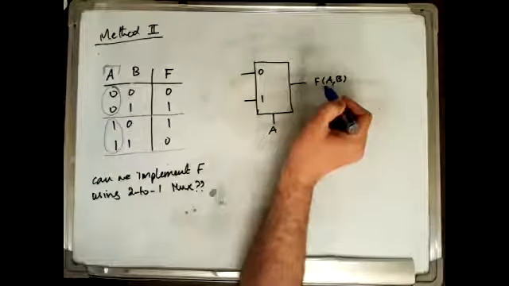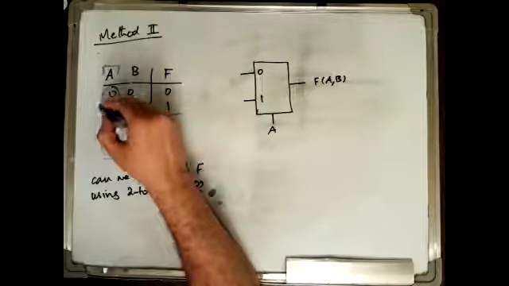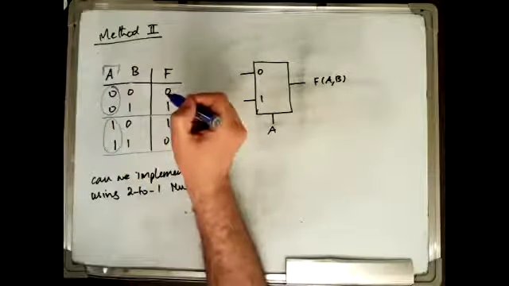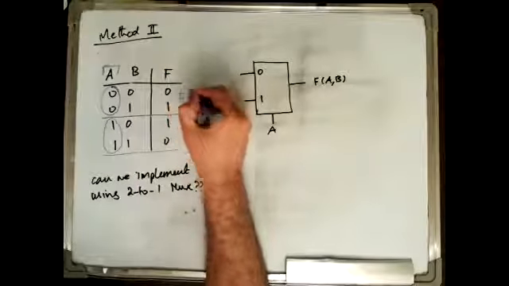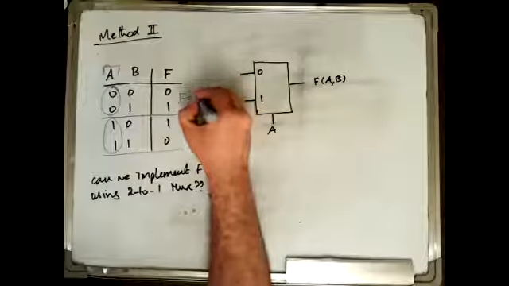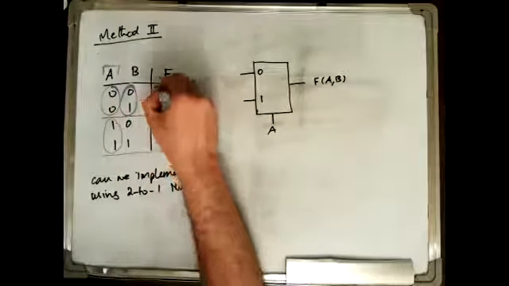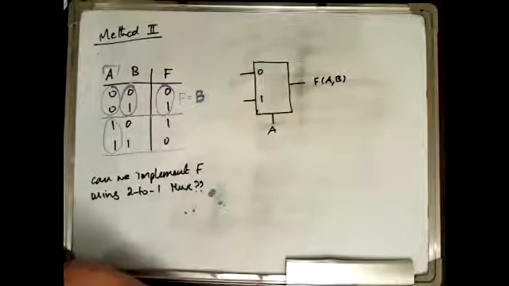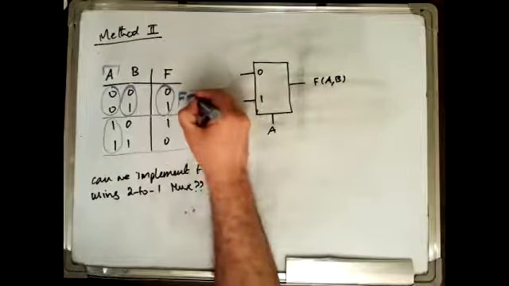What is the function when I select this section? Basically, if we look, F is the same as B. It is B. So this is a function of one variable.